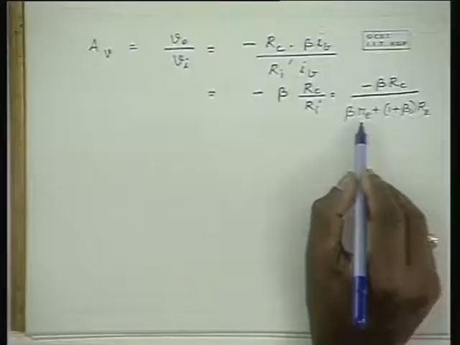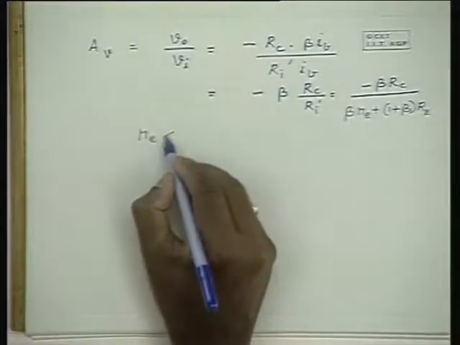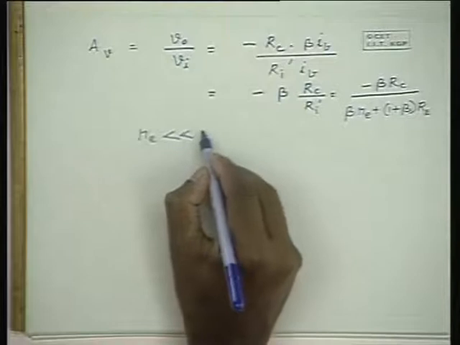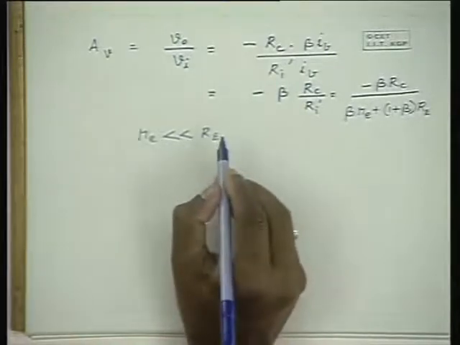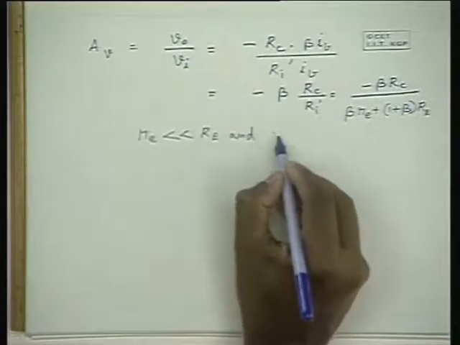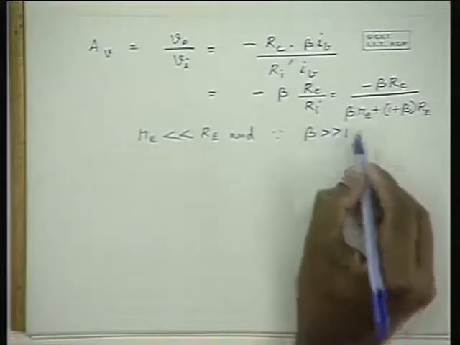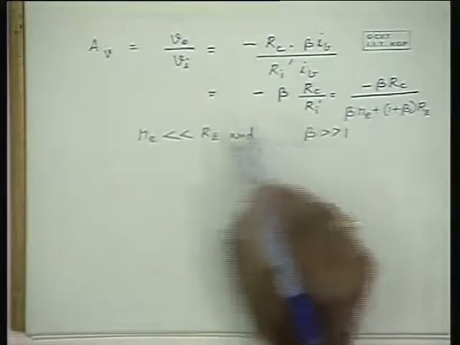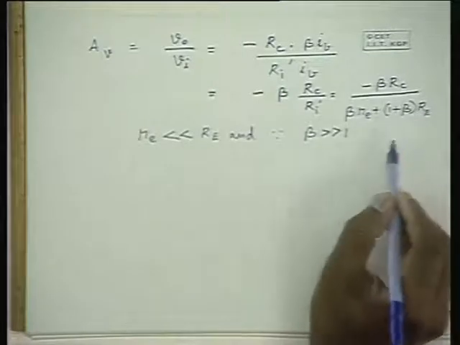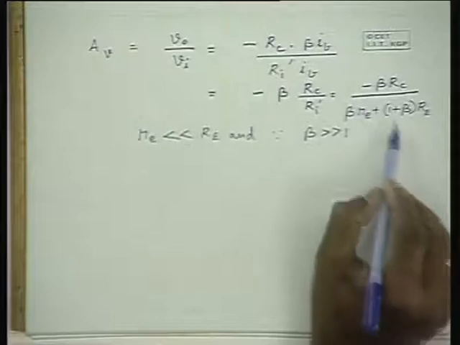Now you can obtain an approximate expression for the voltage gain. With these approximations, if re is much smaller than capital RE, and since beta is much larger than 1, you can neglect re compared to RE, and beta and 1 plus beta are almost equal.